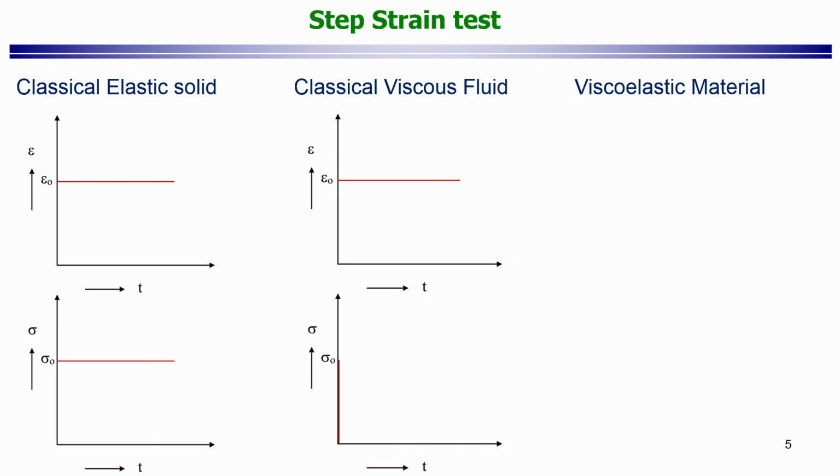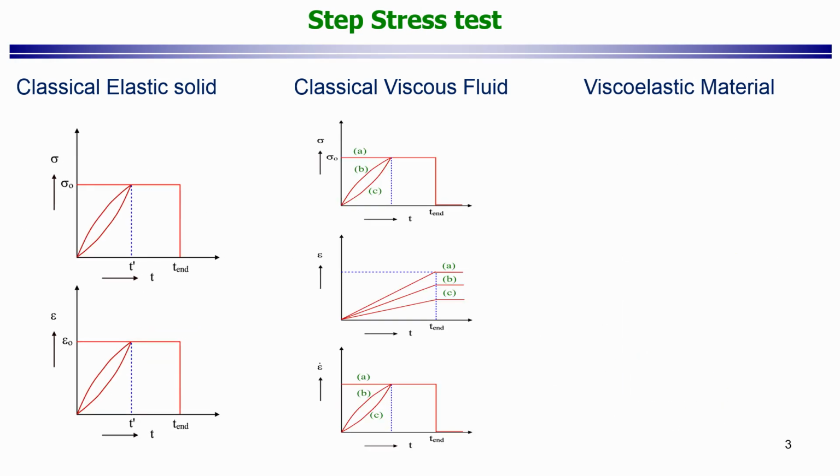In a classical viscous fluid, the behavior is quite different than that. So, the viscoelastic material response will probably be somewhere in between these two. So, now that we have compared these two cases, we are ready to understand the response of a viscoelastic material. Okay.